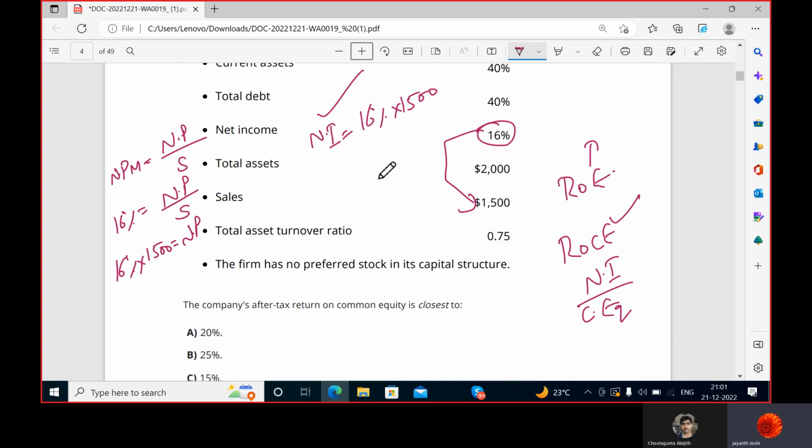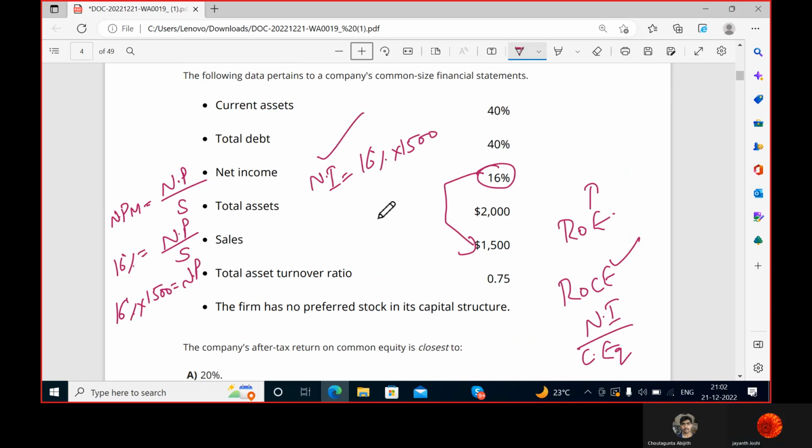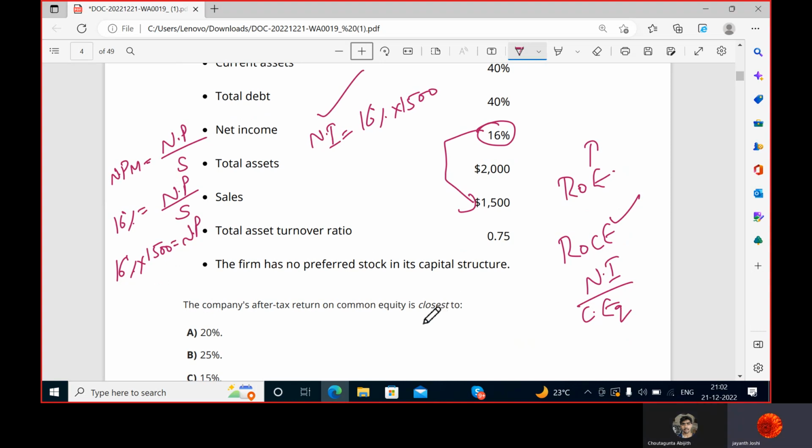So for common equity, again you need to find out common equity. How will you find out? So net profit is one. Okay, 1500 into 16%, 240 I'm getting. 240. How? See, what I can do here is, total assets are 2000, am I right?